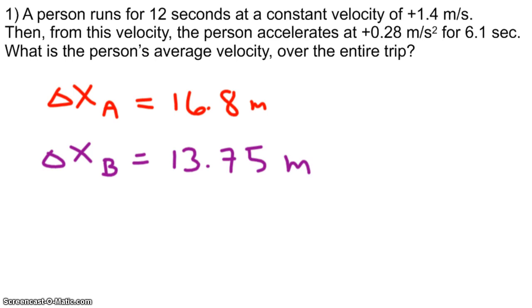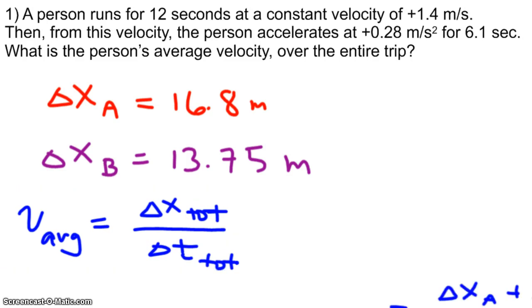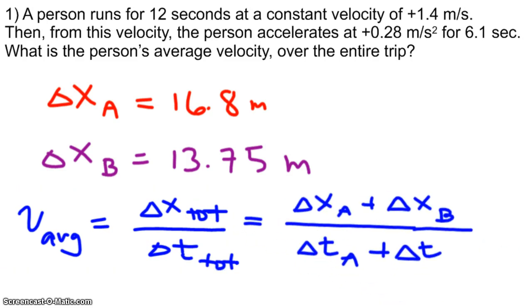So what am I going to do? I will now finally finish up the work I started. I'm going to find the average velocity. You plug in delta xa, replacing it with the value you calculated, 16.8. Delta xb, we're going to replace with the value, which was 13.75.